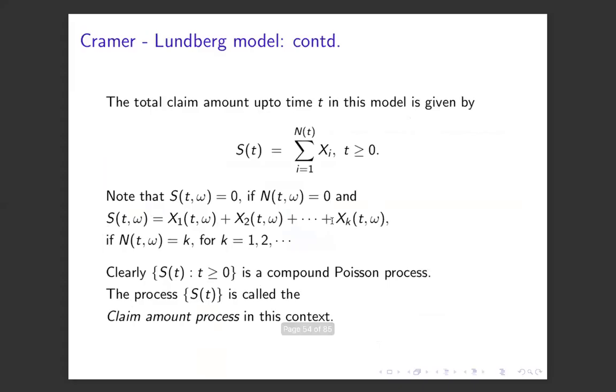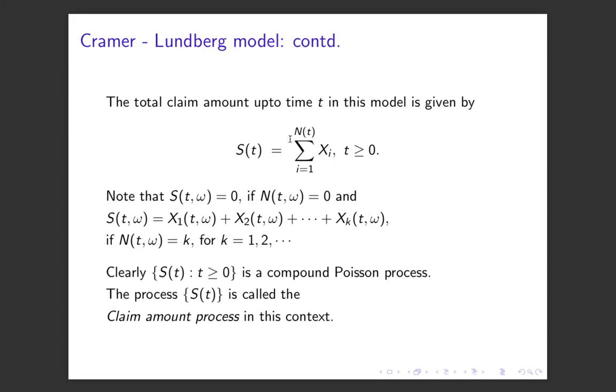All right. So this is the last slide of last class. We had introduced the Cramér-Lundberg model, and we had denoted by S_t this object, the summation i going from 1 to N_t of X_i, where N is a time homogeneous Poisson process with arrival rate lambda, and X_i's are IID random variables, actually strictly positive.